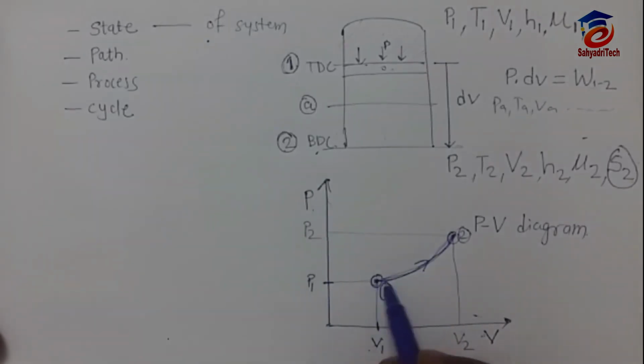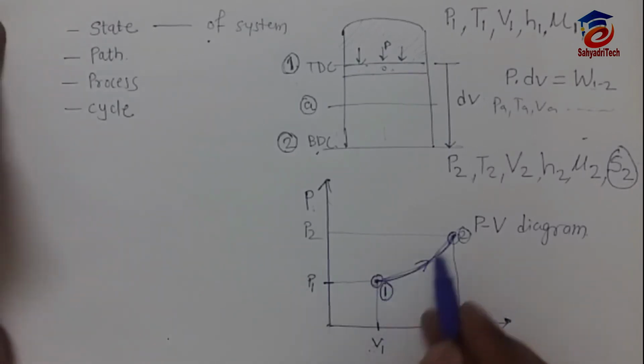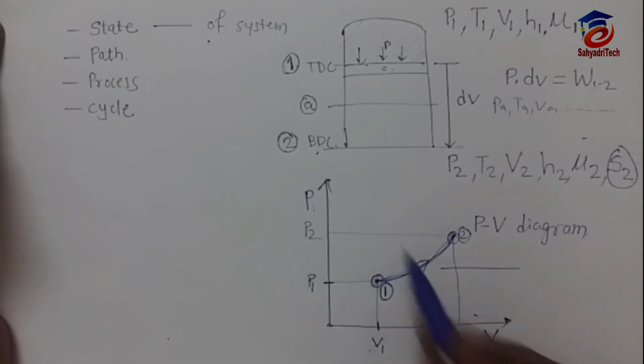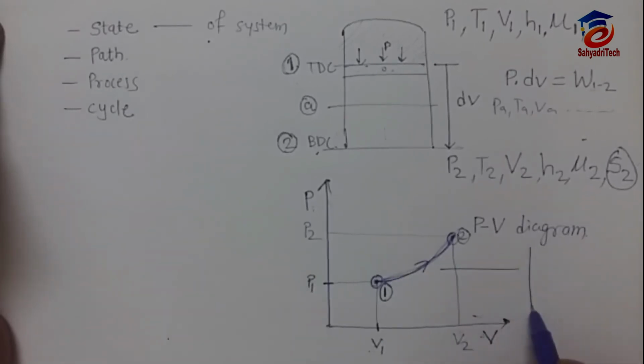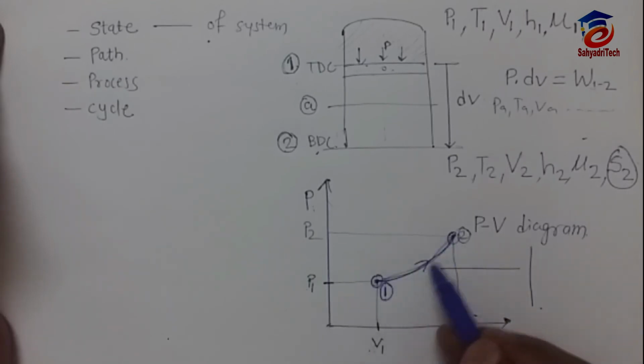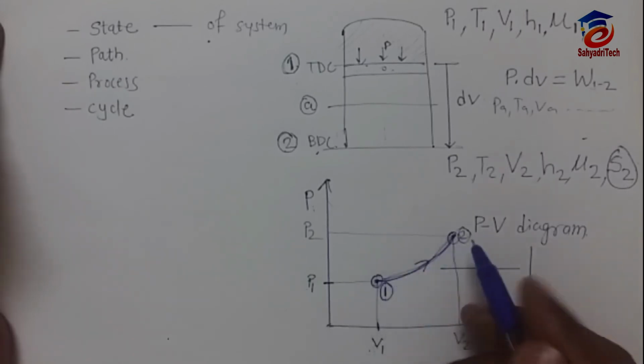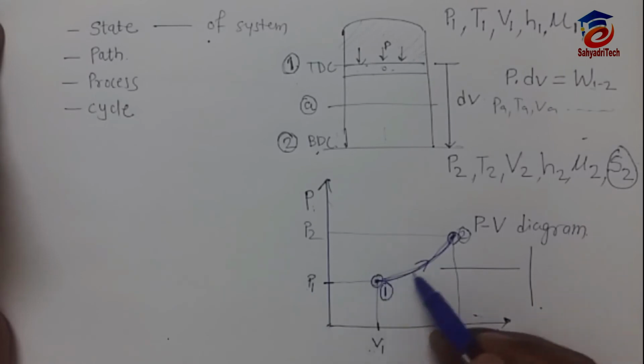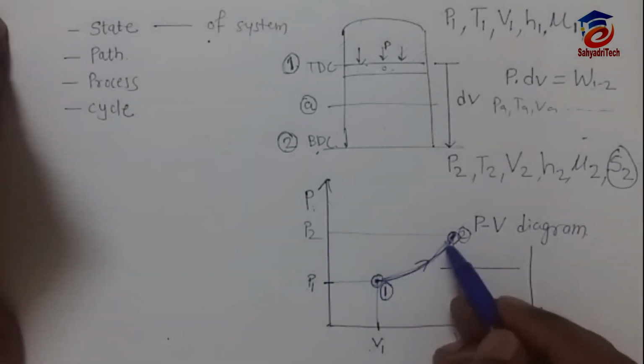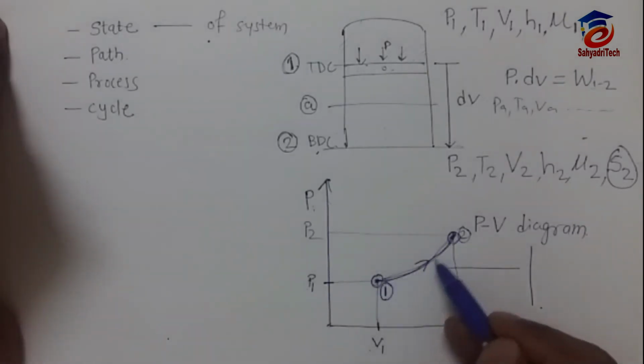When we say path, we have not defined its nature, meaning whether it is parabolic or hyperbolic, or parallel to the V axis or vertical to the P axis. Of course here it is not parallel and not vertical, it is nearly parabolic, but that is my judgment. Actually I don't know its exact nature, so I have to analyze it.